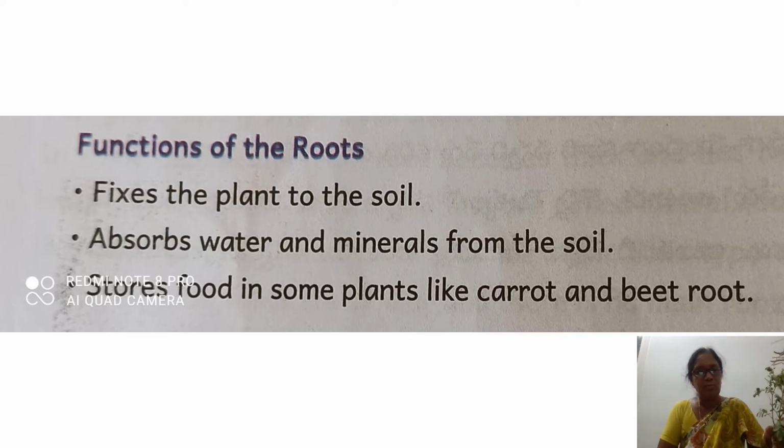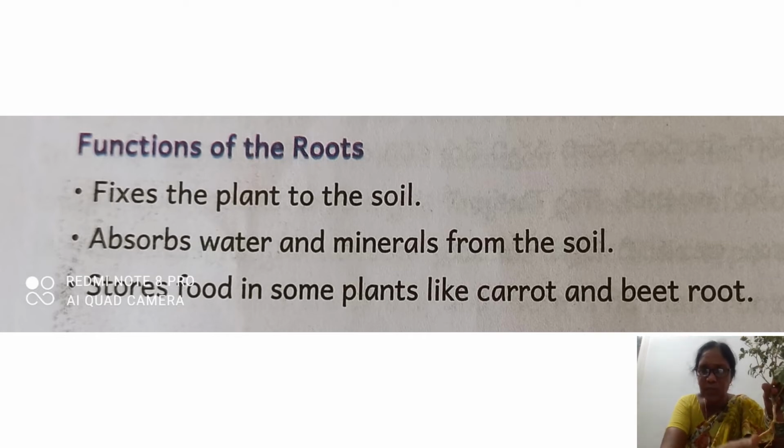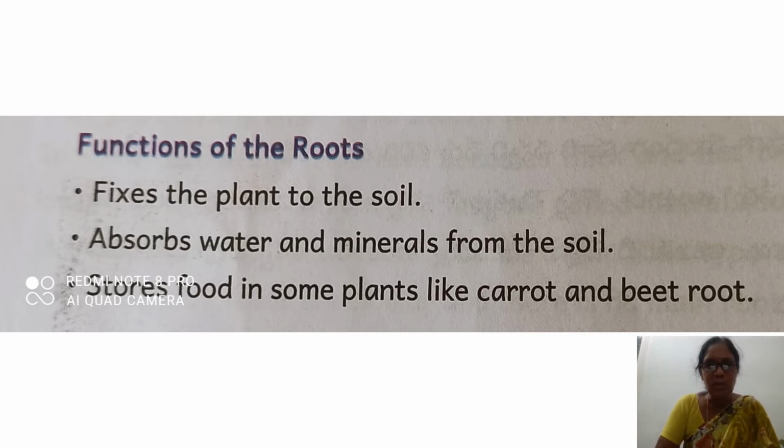They give water from bottom to top. Because roots take water from the soil, from the roots water goes to the top of the plant. From the root, water is transported to the stem, leaves, fruits, flowers, no? So it absorbs water and minerals.